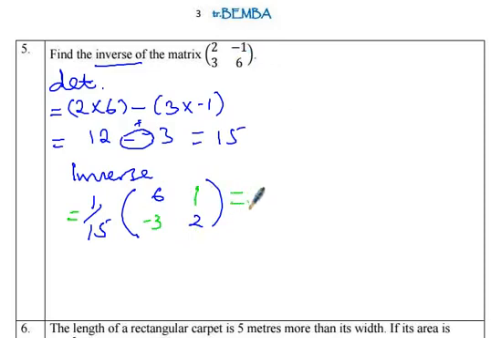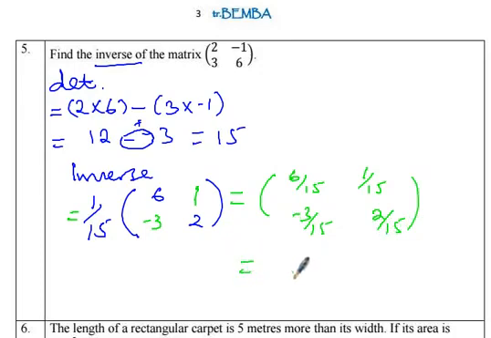And now what is left is to simplify this. We can multiply this by each and every number inside here, so that we have now 6 out of 15. We multiply this by this, 1 out of 15, minus 3 out of 15, and 2 out of 15. Okay, and that is our answer.